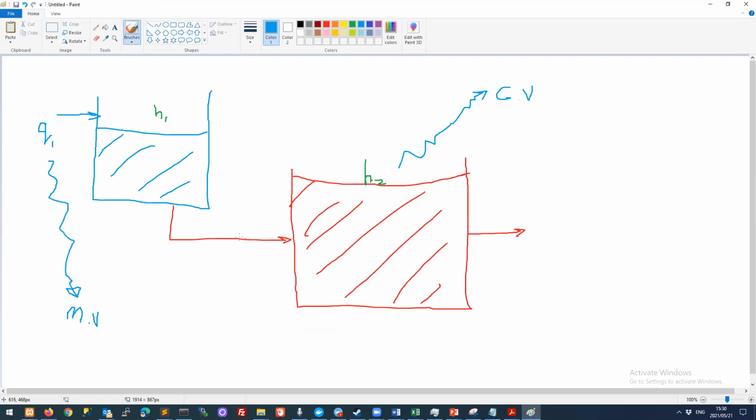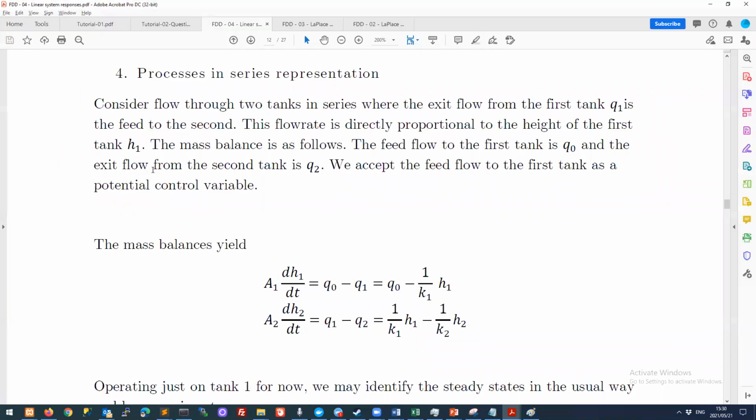This flow rate is proportional to the height of this tank. Please note that this means this is not gravity-driven flow. Gravity-driven flow is proportional to the square root of the height, right? So this is some other weird hydrodynamic situation. Obviously, we are just choosing it for convenience. We just want this to be still linear.